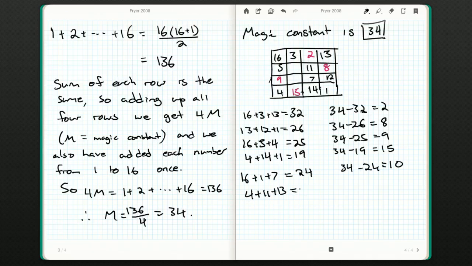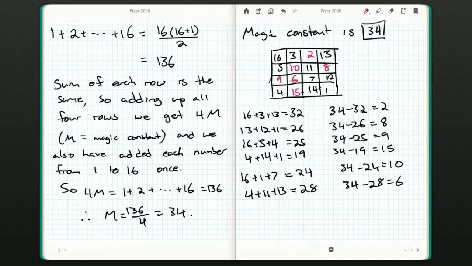Well, that's 15 plus 13, so that's 28. 34 minus 28 should be 6. And we can fill those in right away. And we get the 10 up here and the 6 here. And so that completes that question.